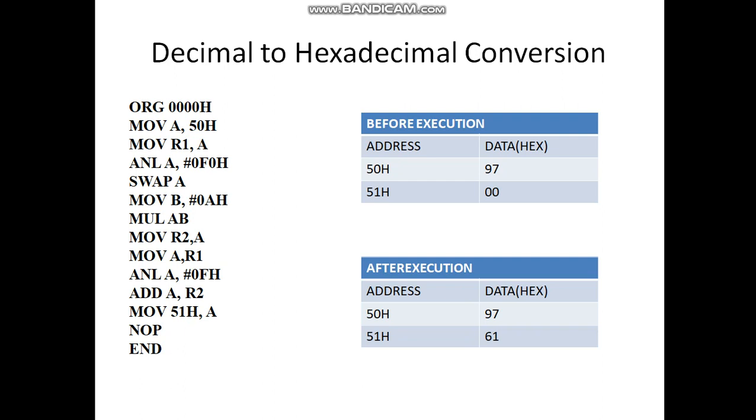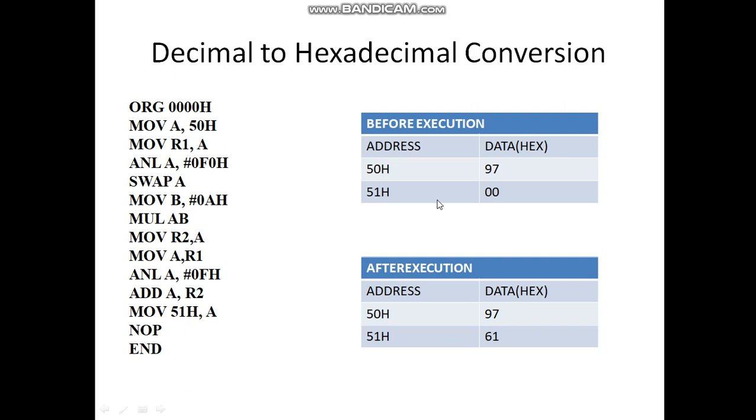The answer obtained is 07. So in accumulator you have 07. It is added with the product obtained earlier. The result, that is 61H, is stored in 51H location. Then the program is terminated.